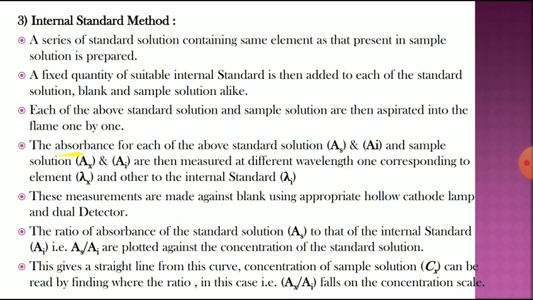The absorbance for each of the above standard solutions, AS stands for absorbance of the standard solution, AI is absorbance of the internal standard, and for the sample solution, AX is absorbance of X, the unknown sample solution, and its absorbance of the internal standard, are then measured at different wavelengths, corresponding to lambda X for the element and lambda I for the internal standard.